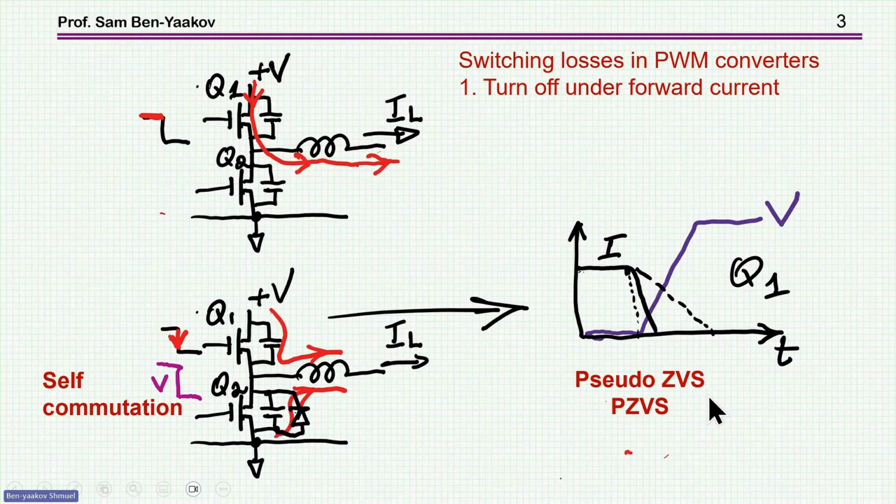It's not really zero voltage switching, but the overlap could be made very small, depending on how fast I'm going down with the current and how slow I'm going up with the voltage. So this is the case of switching when you have a forward current.